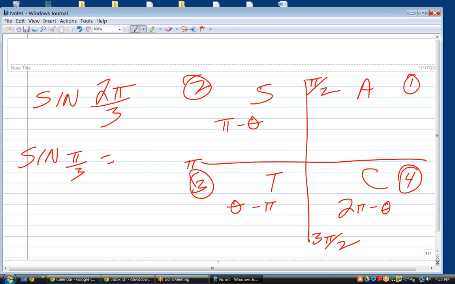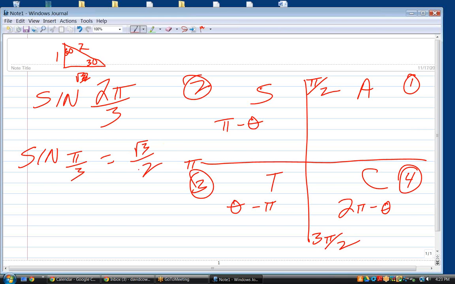Well, pi over 3 is 60 degrees. So go back to your 30, 60, 90 triangle, which has dimensions of 1, root 3, 2. So the sine of 60 degrees is root 3 over 2. That's its numerical value.